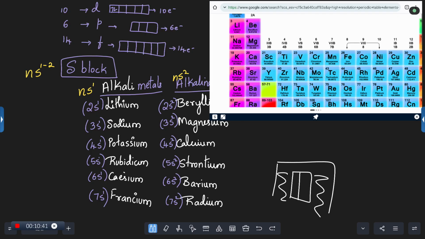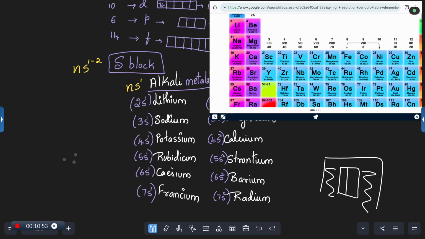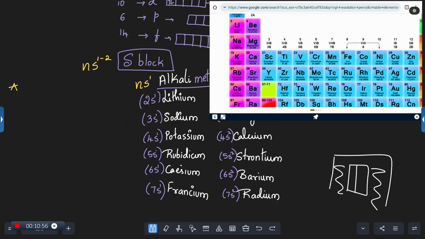Only for alkali metals it is ns1, for alkaline earth metals it is ns2. What type of elements are these? Yeah, metals. Are metals electropositive or electronegative? Yeah, electropositive, right? Why are they electropositive?